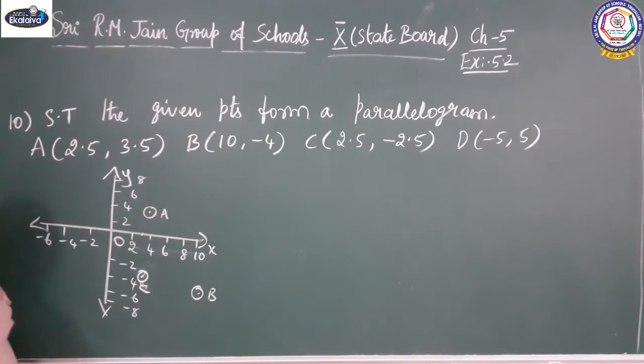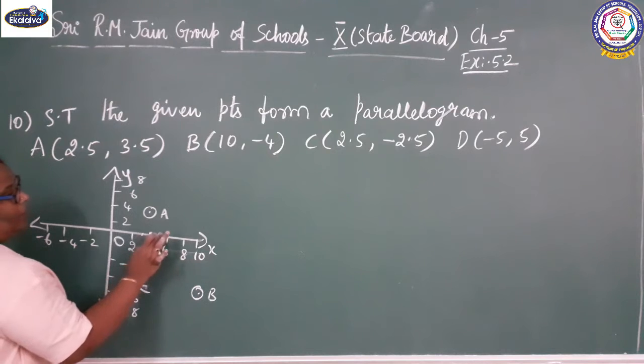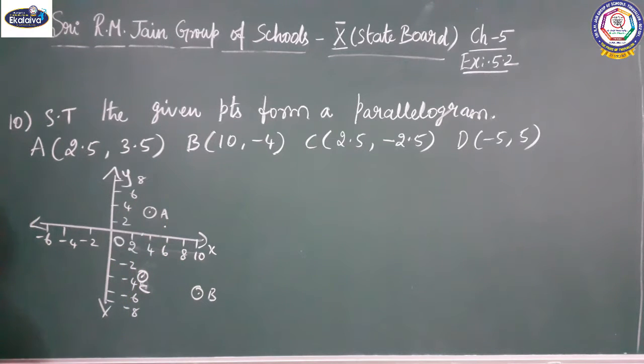D value is minus 5, 5. The x-axis is minus 5, the y-axis is 5.